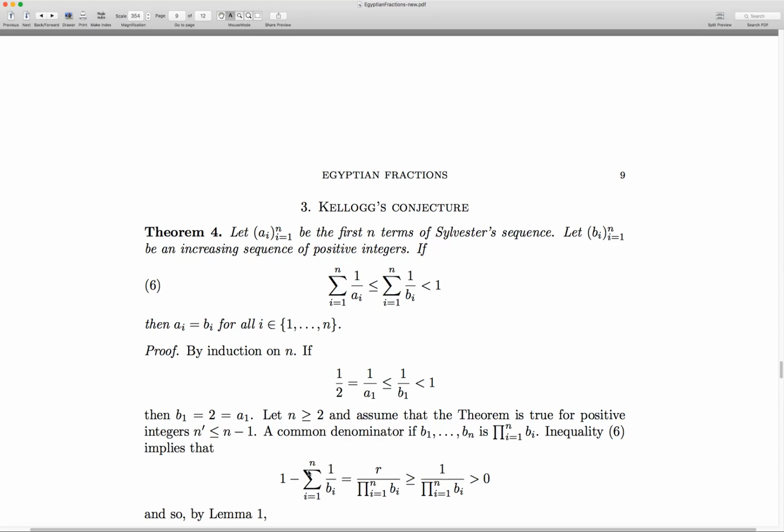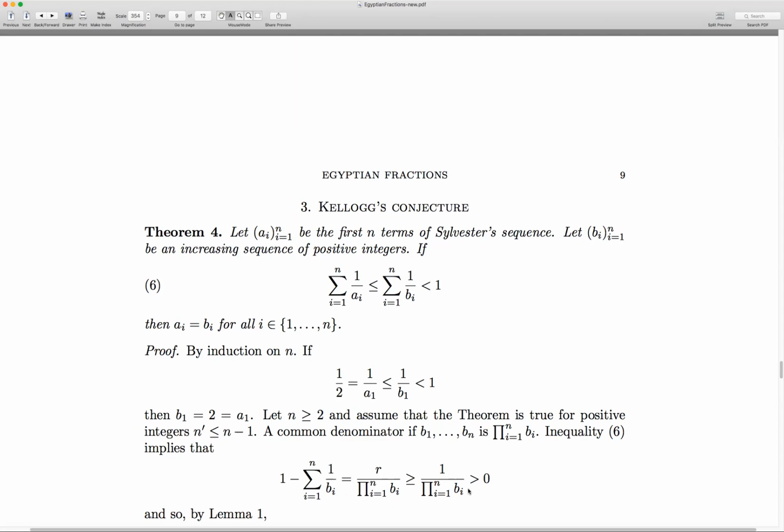So this is some fraction. You can write this as a fraction r with this denominator, and this fraction is positive, right? 1 minus 1 over b1 is greater than 0. So the smallest fraction with this denominator is 1 over the product of the b sub i's, all right?